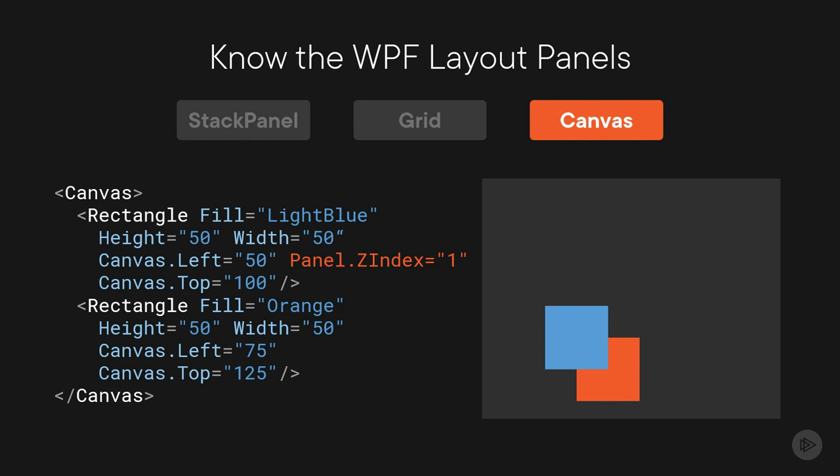The canvas is a fantastic panel to position shapes like rectangles, ellipses, lines, and polygons. With the canvas and these shape elements, you can create nice drawings and diagrams in your WPF application. But the canvas is not a good choice to position UI elements like text boxes and buttons.